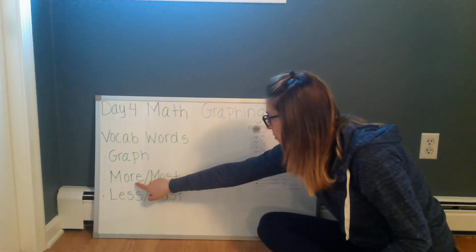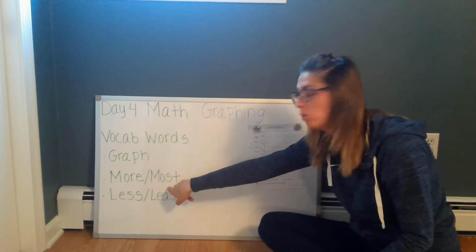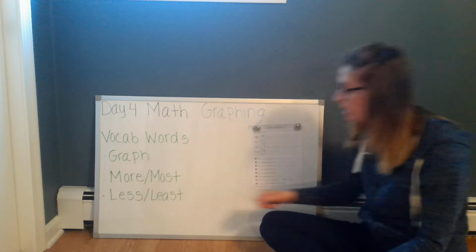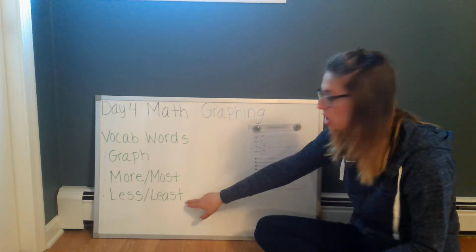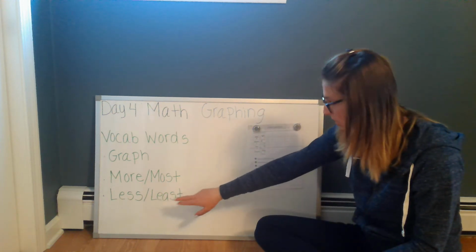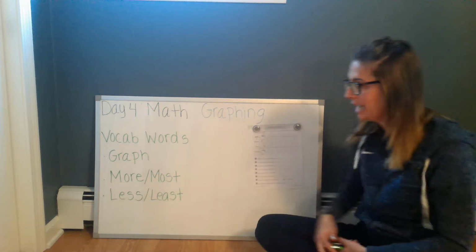Then we're going to see more or most. That means which one had the most votes or which number is more. And then we'll see questions that have less and least. So which one had the least amount of votes, the smaller number, as we associate it in class.